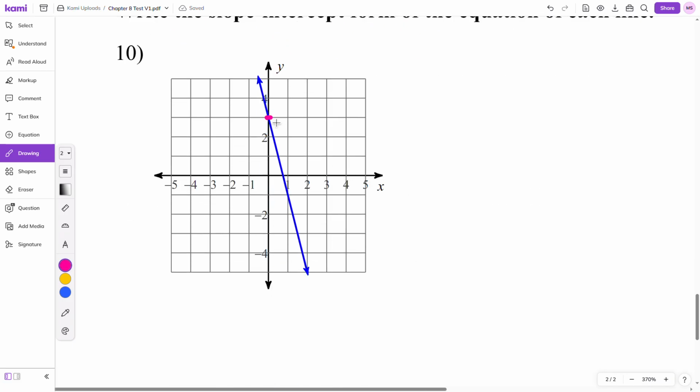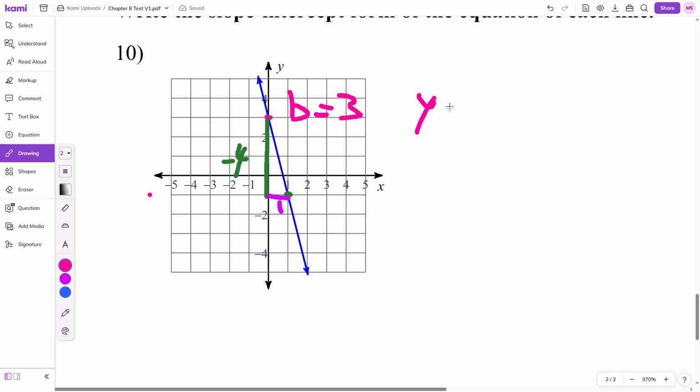Slope-intercept of this, here we have a y-intercept of 3. So that means that my b is 3. And then the rise and the run, the rise is, the next point seems to be right here. So we're going to go down 1, 2, 3, 4. That's -4. And the run is going to be 1.